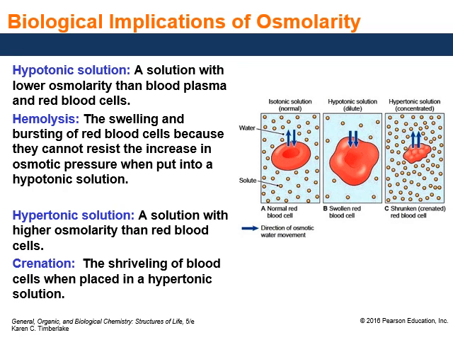So what you saw right now was an isotonic solution, which is a solution that has the same osmolarity, or the same osmotic pressure, or the same concentration of solutes as our body fluids, right? A hypotonic solution is a solution with a lower osmolarity than the blood plasma, meaning it has less solutes.